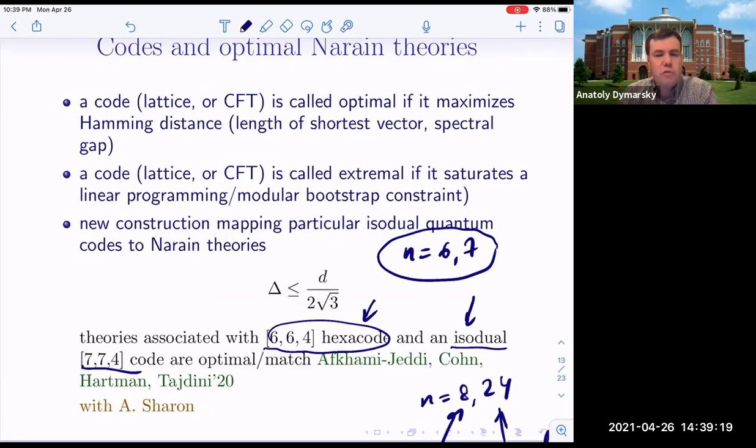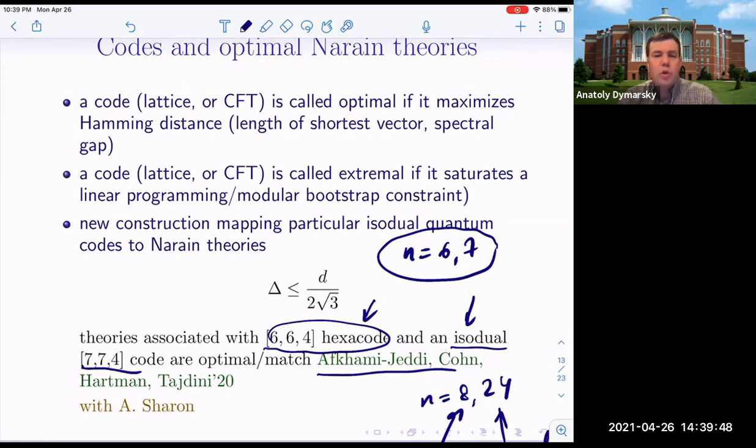Optimal means that they achieve maximal spectral gap, because those results match the numerical analysis of Nima and friends. So basically the punchline is that, similar to the case of sphere packing, where codes sometimes give you the optimal solution with the maximal density, these codes in particular dimensions also give you optimal theories.